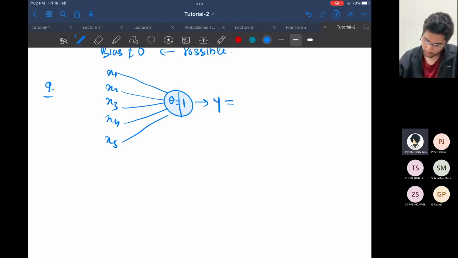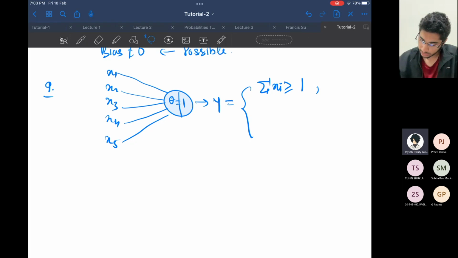Whenever you are given an MP neuron, see the conditions at which the neuron will fire. There are two conditions. If the summation of xi, so x1 plus x2 plus x3 till x5, is greater than or equal to 1, the output will be 1.